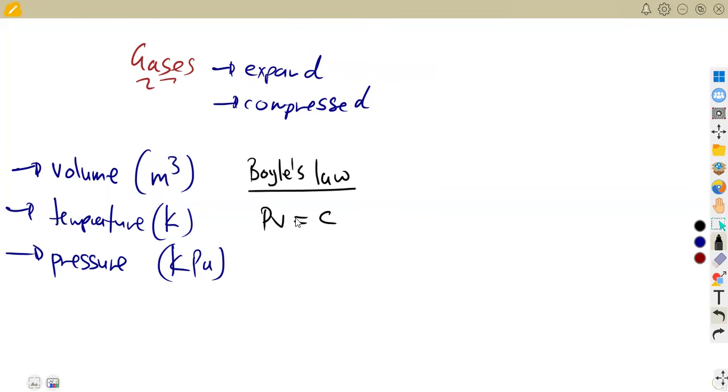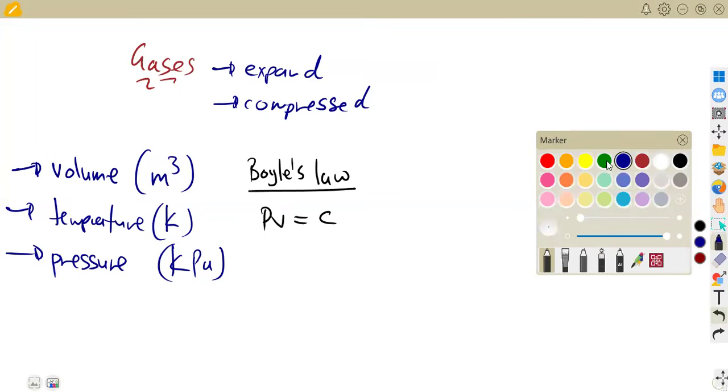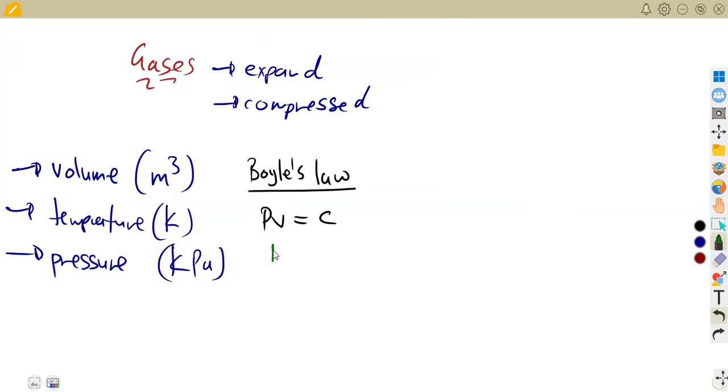So in a condition of PV = C, there is going to be a change happening between the two. Remember, we said the gas can expand or be compressed.